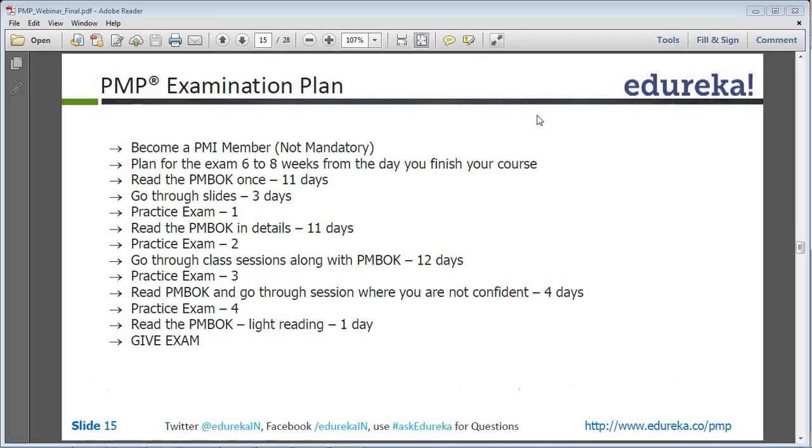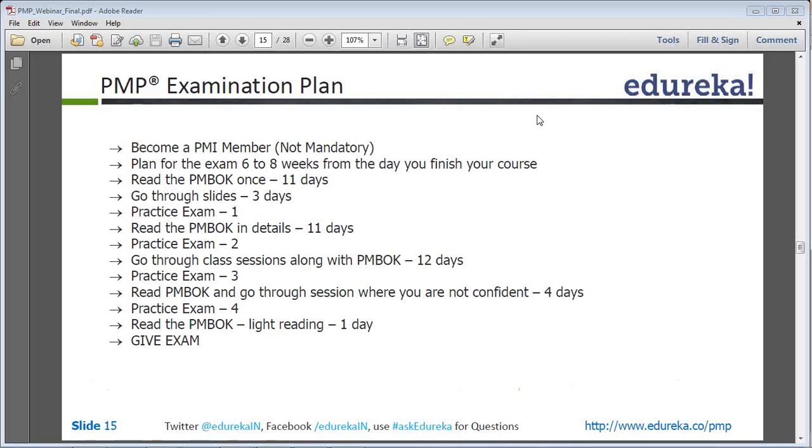Now the way you will do it is, you will go through the PMBOK once, then you will go through the slides, do a practice exam, read the PMBOK in detail, do a practice exam, then go through the class sessions to clarify all the issues you had when doing the practice or mock exam.